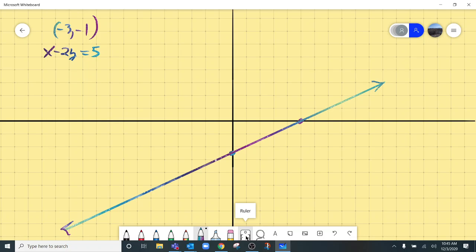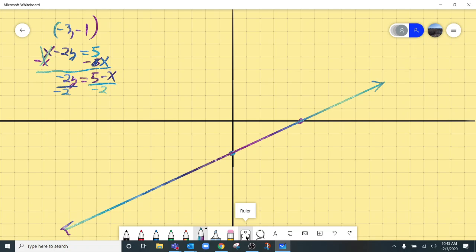We're going to move our x to the other side, so we subtract x from both sides. x minus x gives me a 0. It cancels. Gives me -2y equals 5 minus x. Then I need to divide everything by -2.